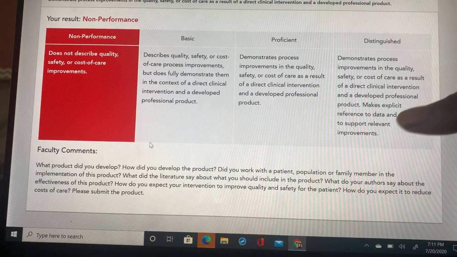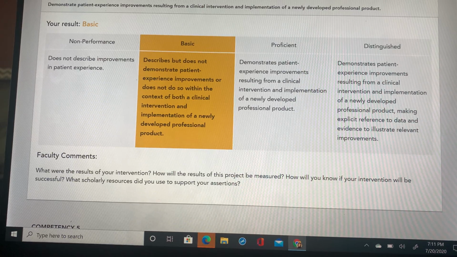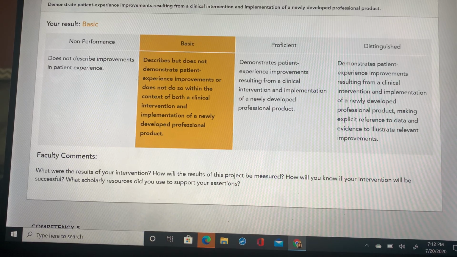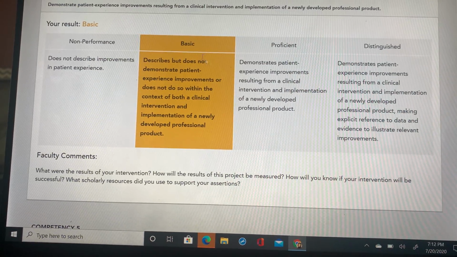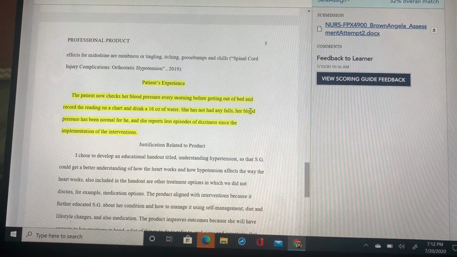So basic. Describes but does not demonstrate patient experience improvement, or does not do so within the context of both clinical intervention and implementation of a newly developed professional product. So my professional product. So patient experience.